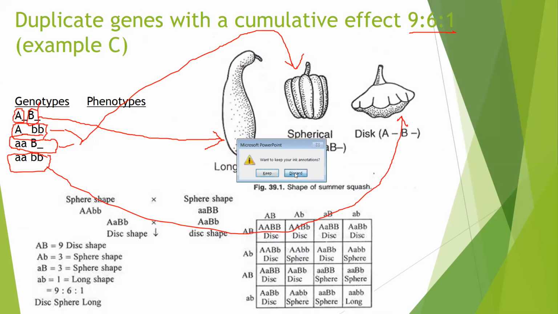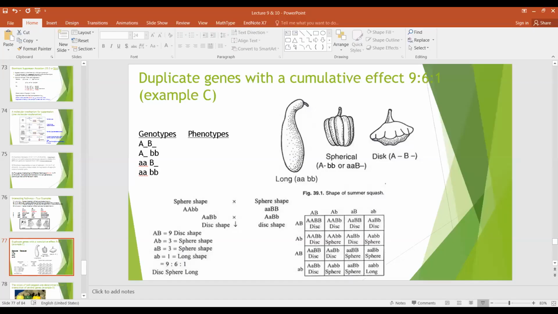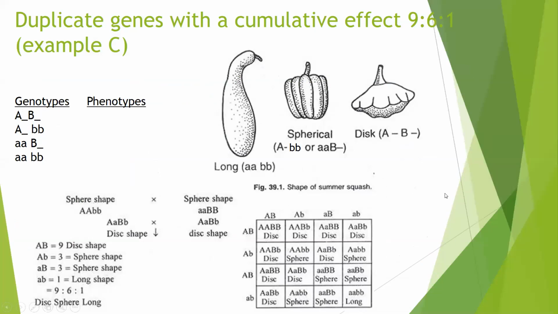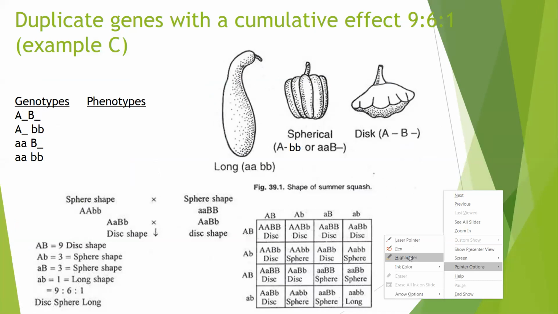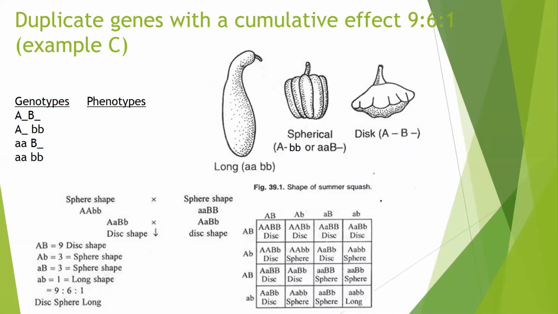Thank you for pointing this out. Sorry about this. All right, this long shape will be the double mutant.